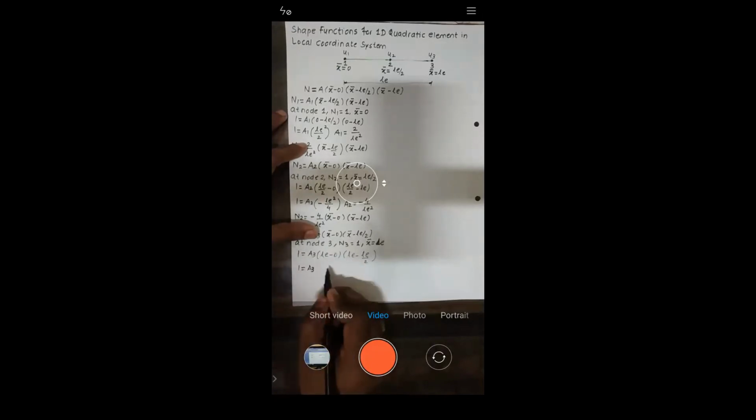So you will get 1 is equal to A3 into Le and Le by 2, which gives Le square by 2. Is it okay? So what value of A3 will you get? A3 you will get as 2 by Le square.